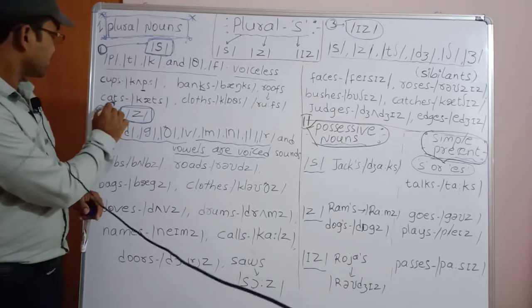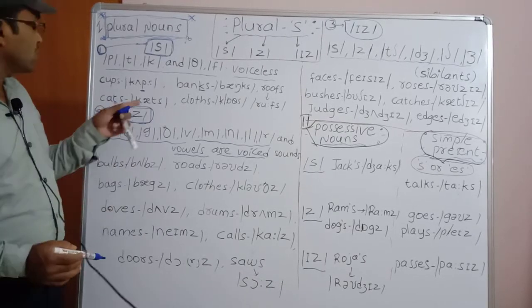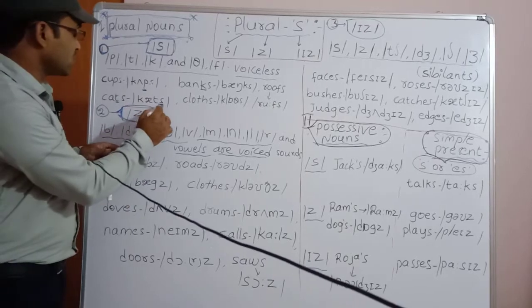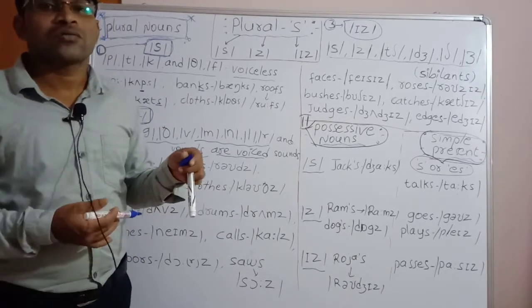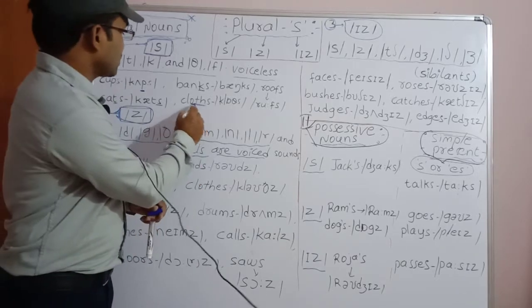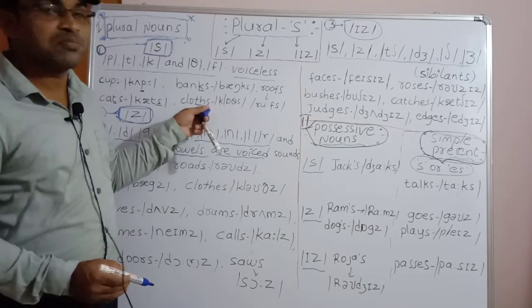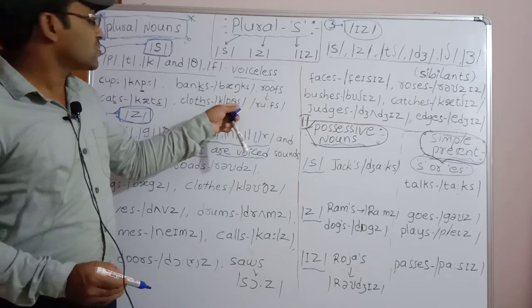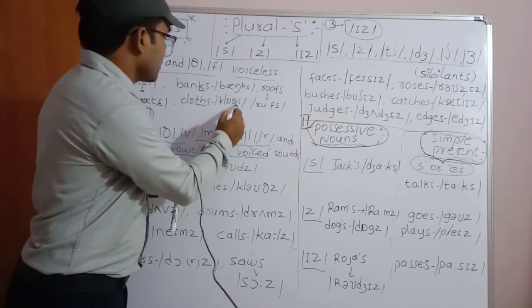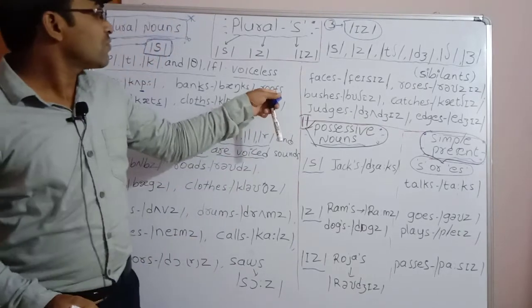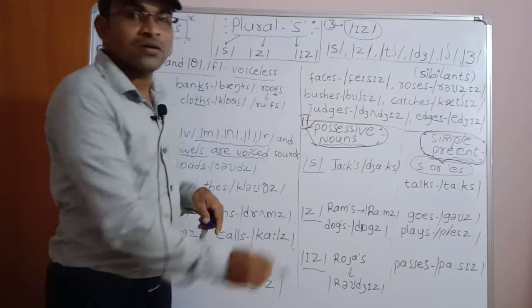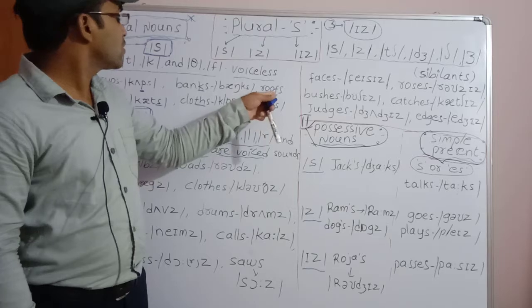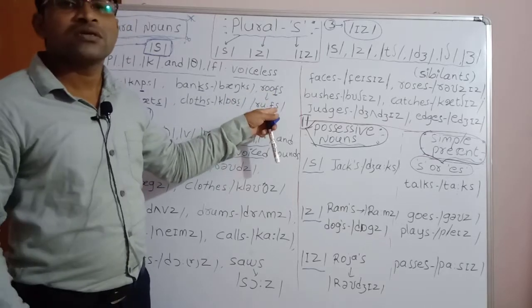Cats, sound is s. Cloth, cloths: th, and the plural s sounds like s. Roof: f, sound s.